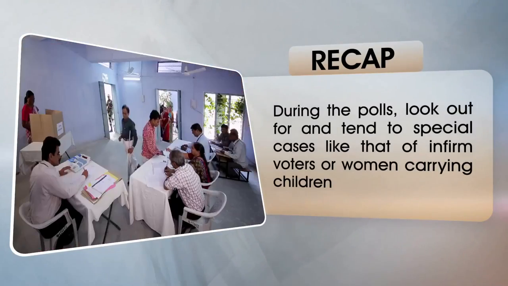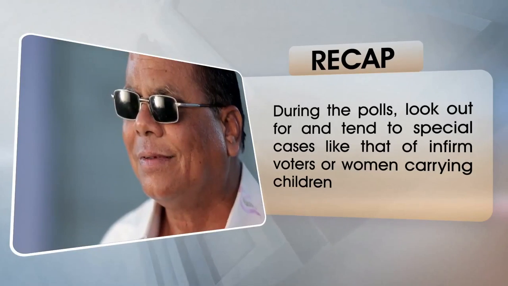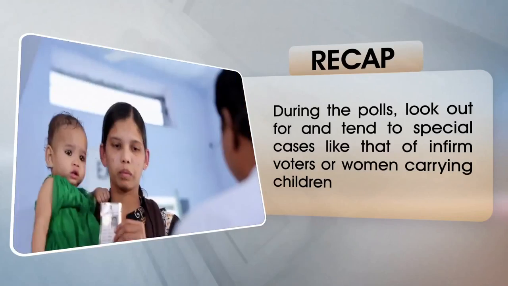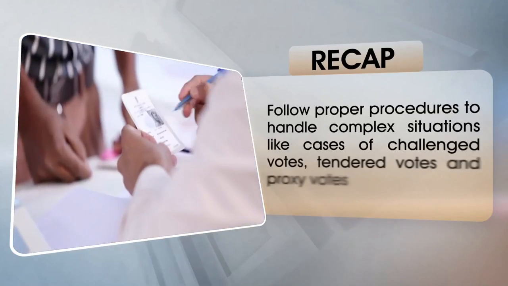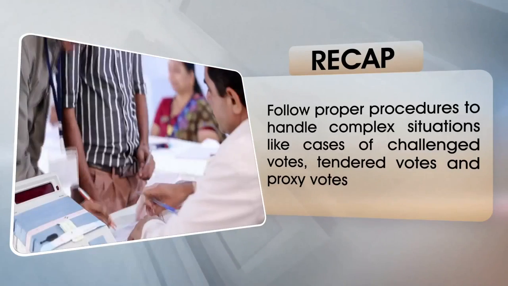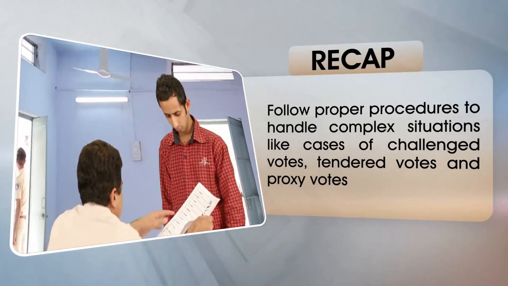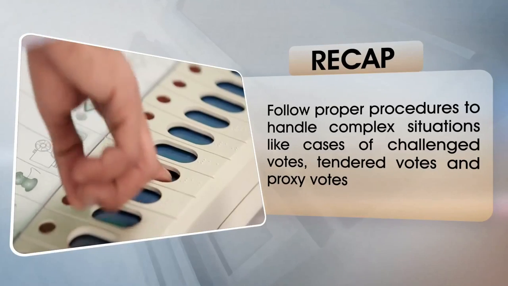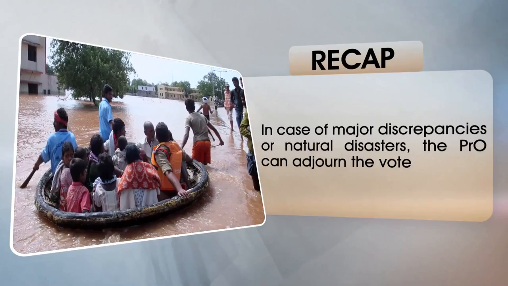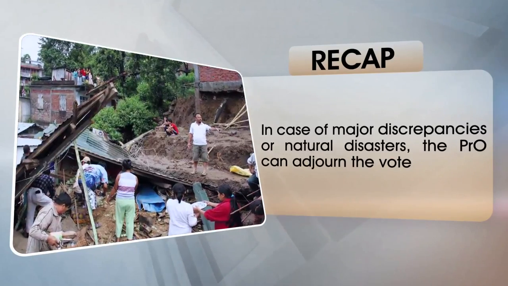During the polls, look out for and tend to special cases like that of infirm voters or women carrying children. Follow proper procedures to handle complex situations like cases of challenged votes, tendered votes, and proxy votes.